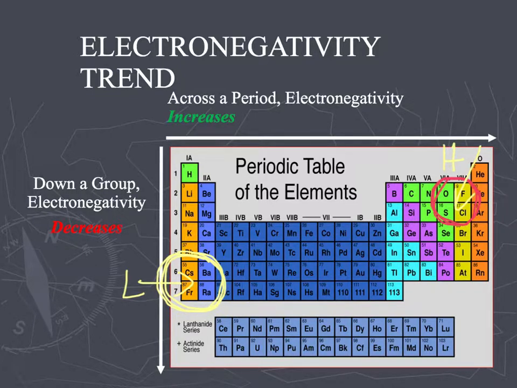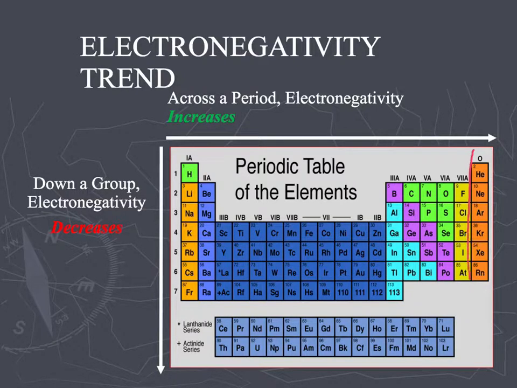Now, there's only one caveat to this, and let me just do a quick erase here. There's one area that you have to be cognizant of that goes against the trend, and I'll tell you why in a second.